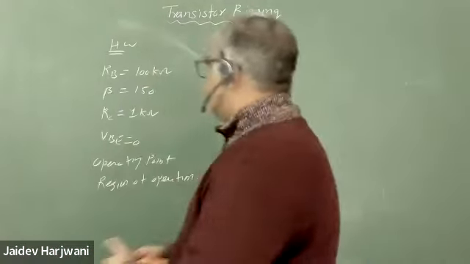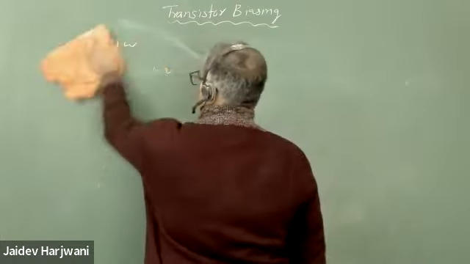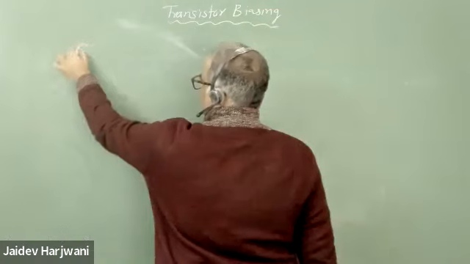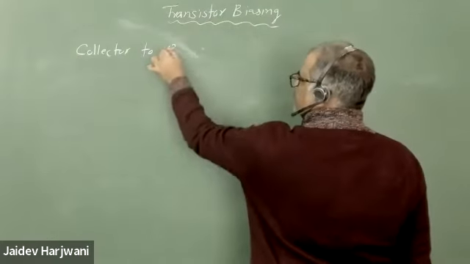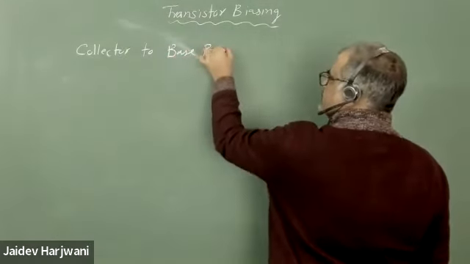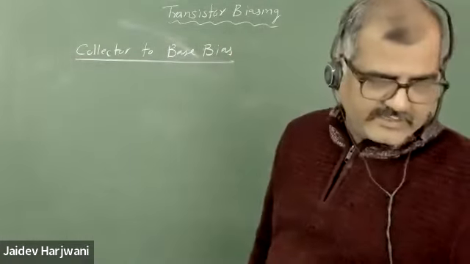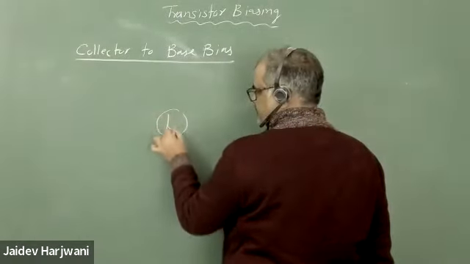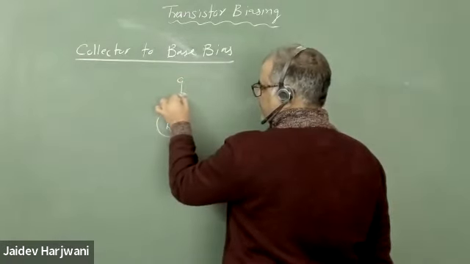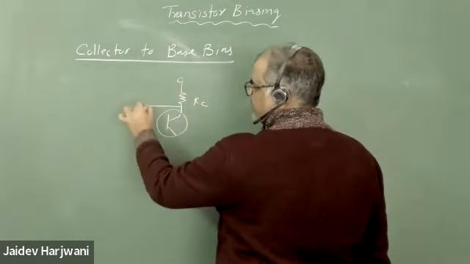Now the next biasing is collector to base bias. So collector to base bias means you have your transistor, you come here, RC is coming, and from RC this time not taking this side, taking this side.